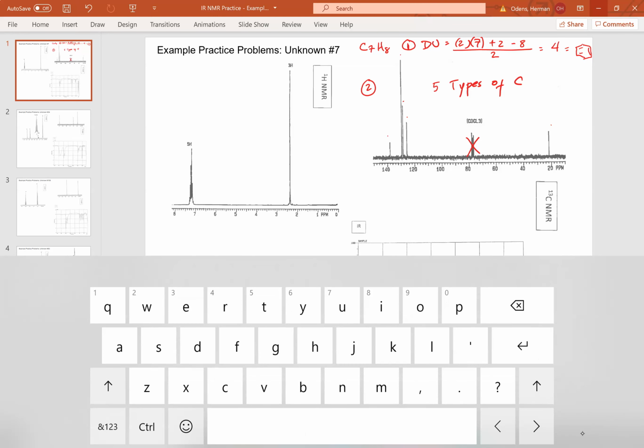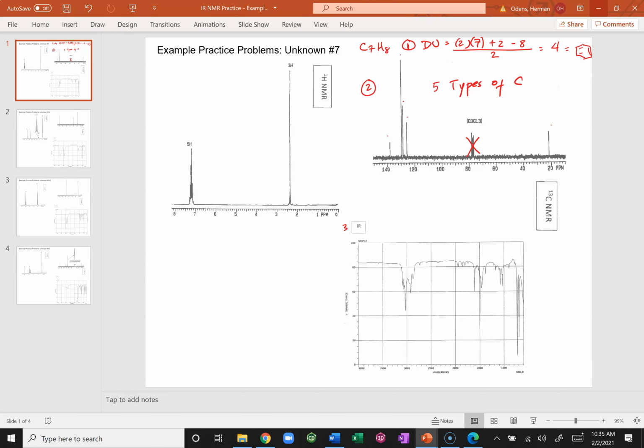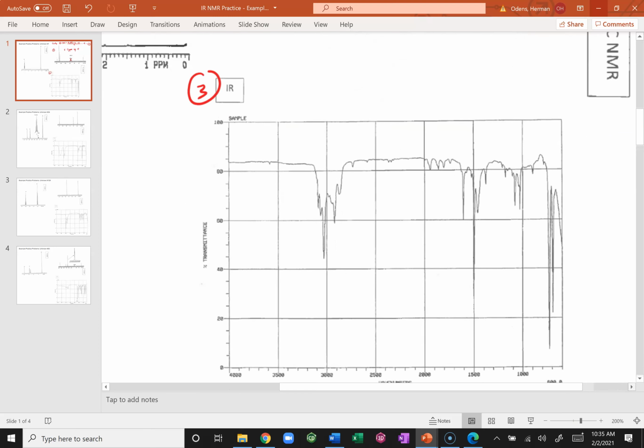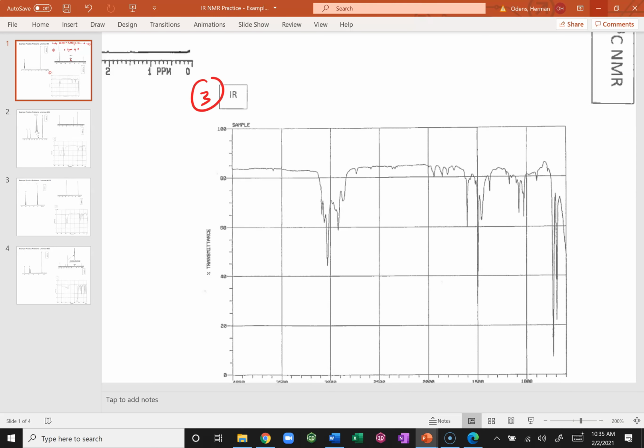Then the next thing we'll do is the infrared. I'll go to the infrared. Check this out. I go immediately to my 3000. Question. Oh, yeah, the magic line. Yes, exactly right. Go to the spot. The magic line is at 3000. Anything on the left side of that is sp2 CHs.